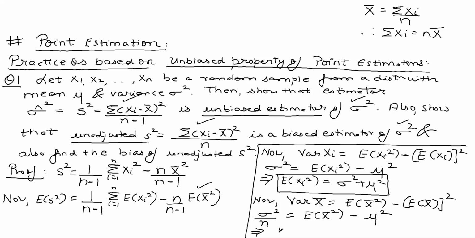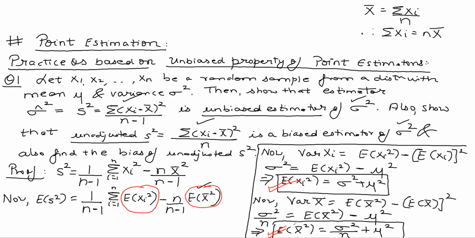So this implies expected value of x bar square is sigma square by n plus mu square. This is another substitution we make. That means in this term, instead of this term, I can write this term, and instead of this term, I can apply this formula.